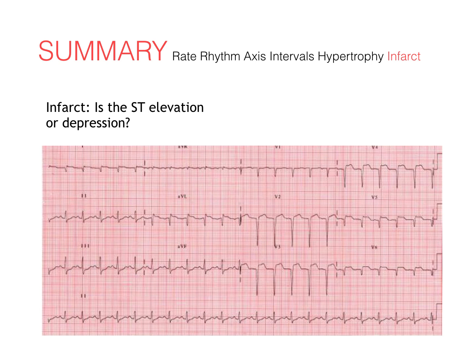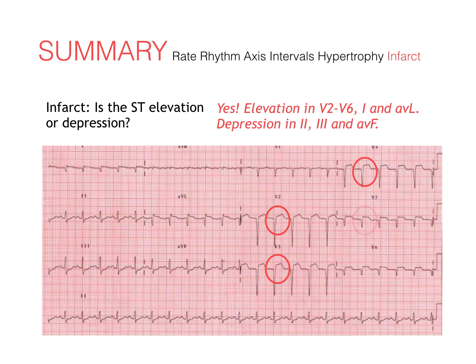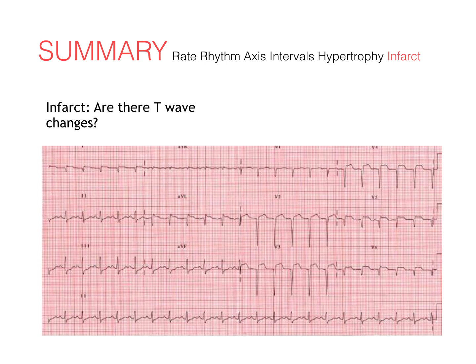Let's find out, is there any ST elevation or depression? Yes, elevation in V2 to V6 and lead first and AVL, and ST depression is in lead second, third and AVF. Are there any T wave changes?